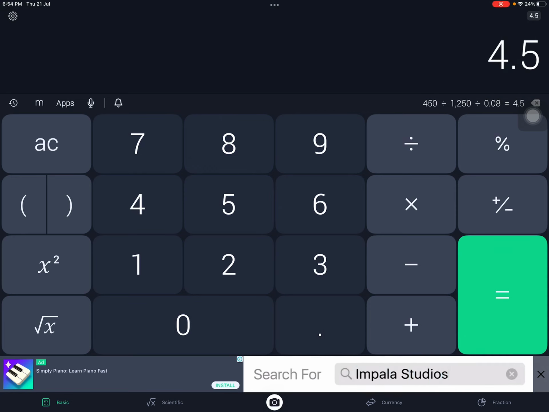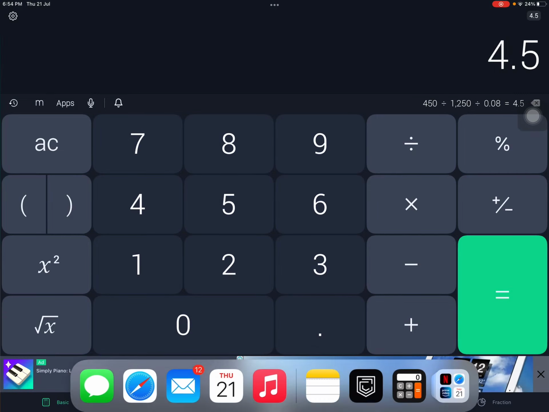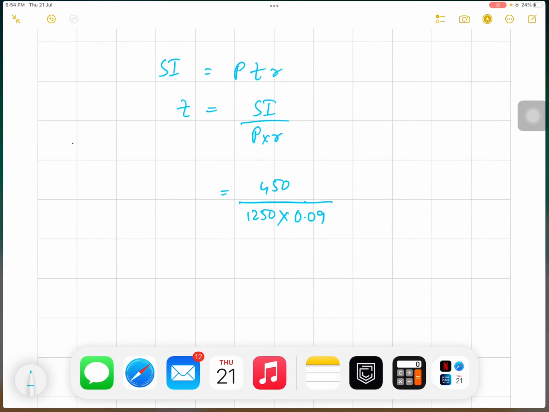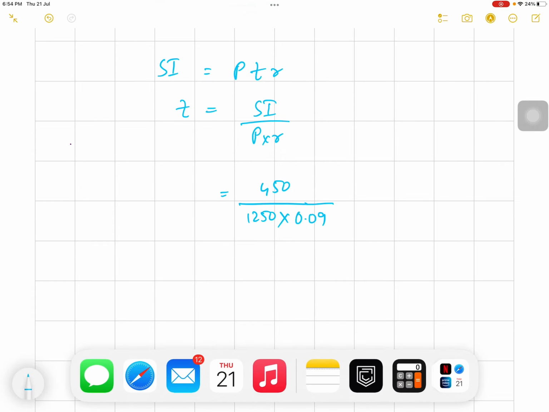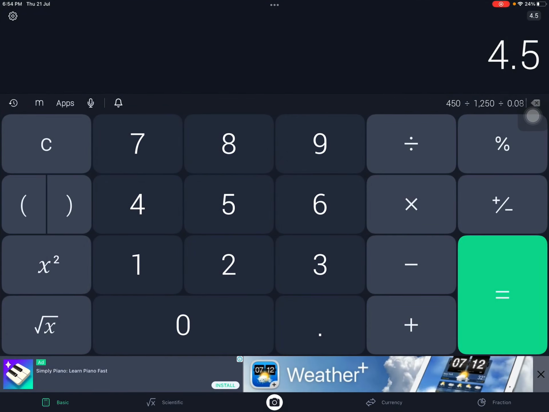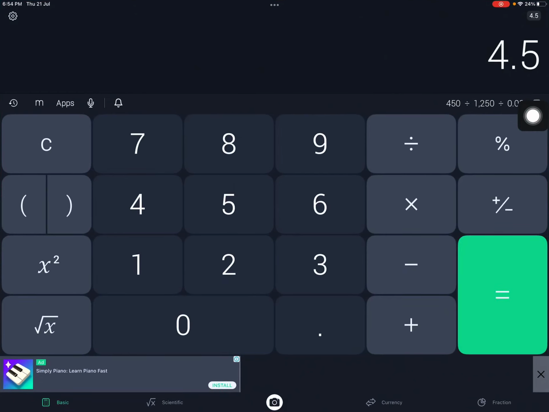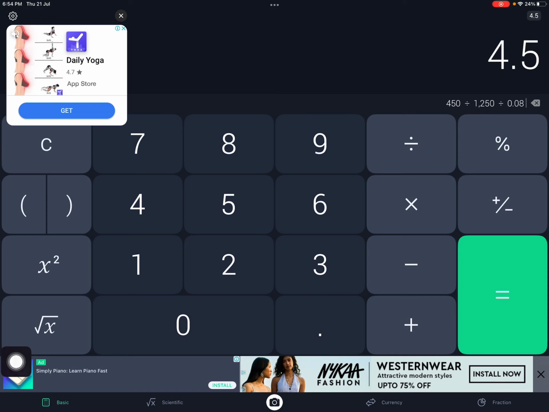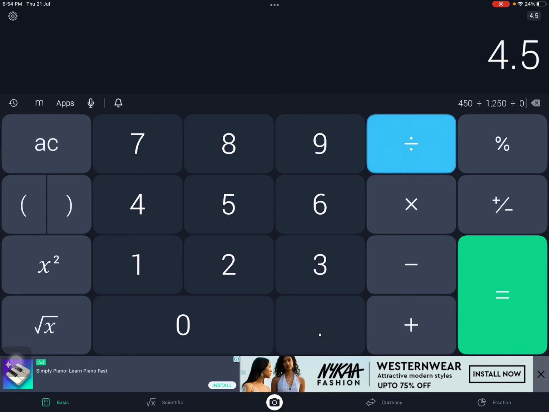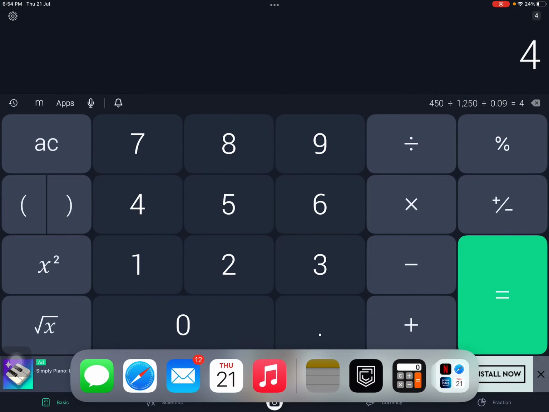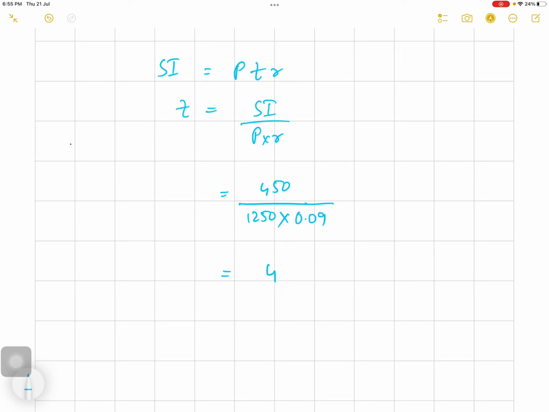It comes to 4.5. Was it 0.08 or 0.09? Oh, sorry. It was 0.09. So this comes to 4 years. So T is 4 years.